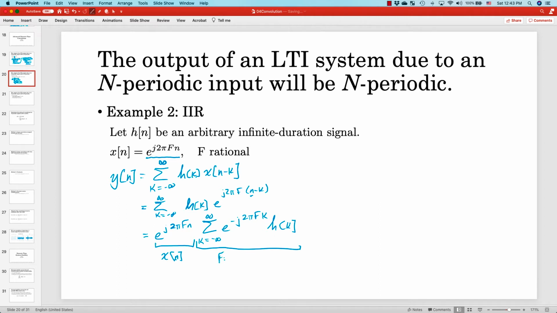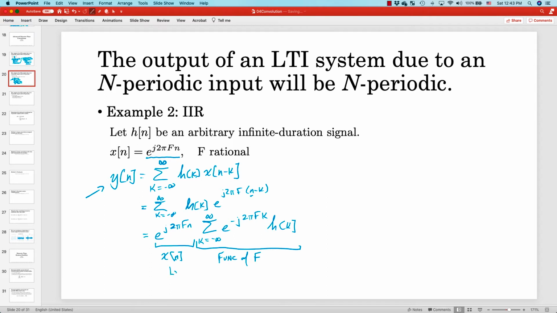This is a function of f, which means that for a fixed f, if you pick f equals 0.1345, then what are we going to get out of this system but this function evaluated at 0.1345 times the input.